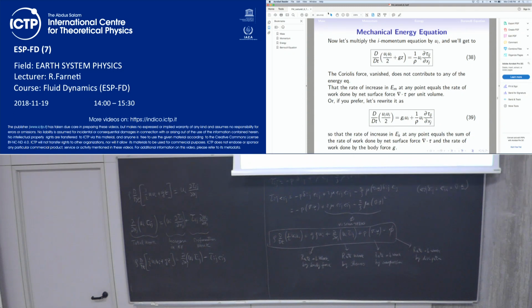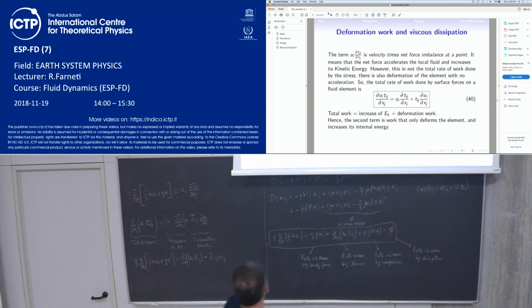Okay, so we multiply the momentum equation by the velocity vector, and we got this expression for the rate of change of the kinetic energy equal to the sum of the rate of work done on the element plus the surface forces related to the tau. Then we worked on this term, which is the velocity times the net force imbalances in your element of fluid or point. And that accelerates the fluid, so increases the kinetic energy, but it's not the total rate of work done on the element of fluid.